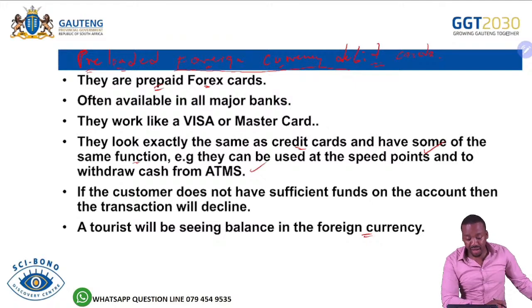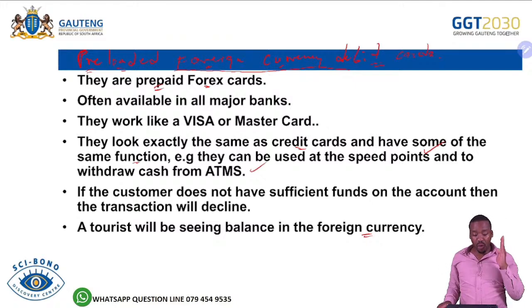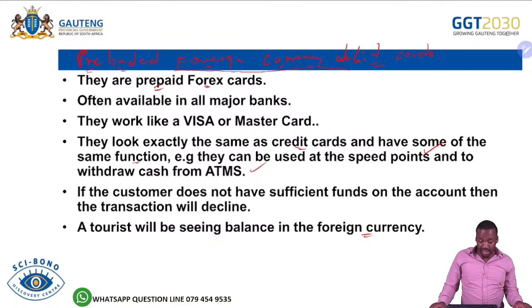They are prepaid forex cards. They are often available in all major banks. They work like a Visa or a MasterCard. They look exactly the same as credit cards and have some of the same functions. For example, they can be used at the speed points, and they can also be used to withdraw cash from automated teller machines, or ATMs.